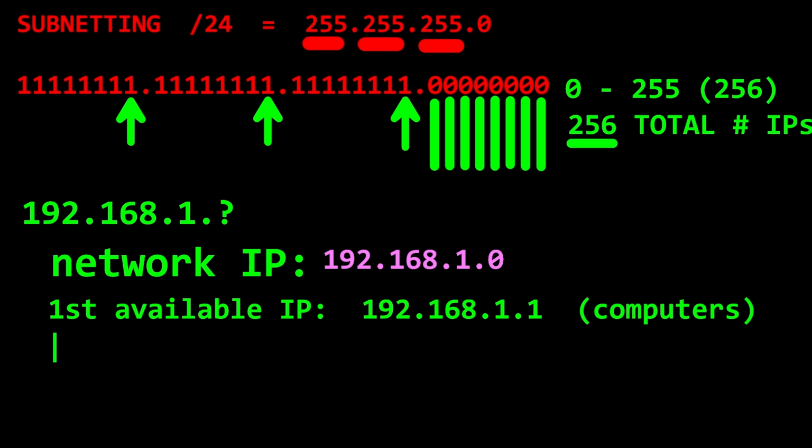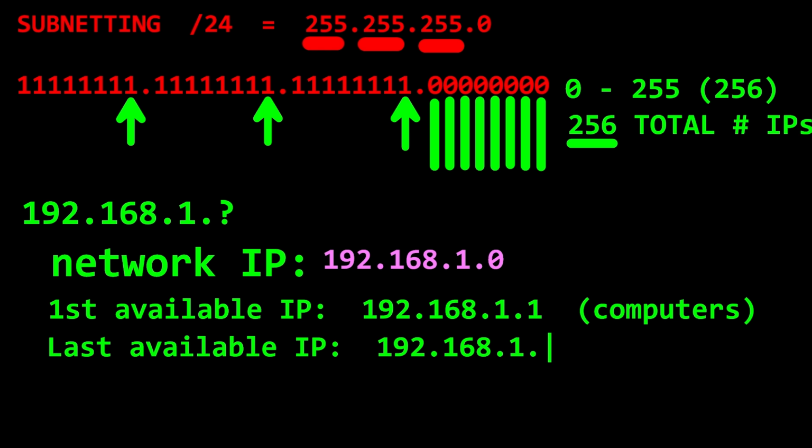Let's move on to the last available IP address for this network setup: 192.168.1, not 255 and not 256. Can't do 256 at all, but 255 is the other bookend. So the last available IP for a computer is 254. This is, again, what computers can have.